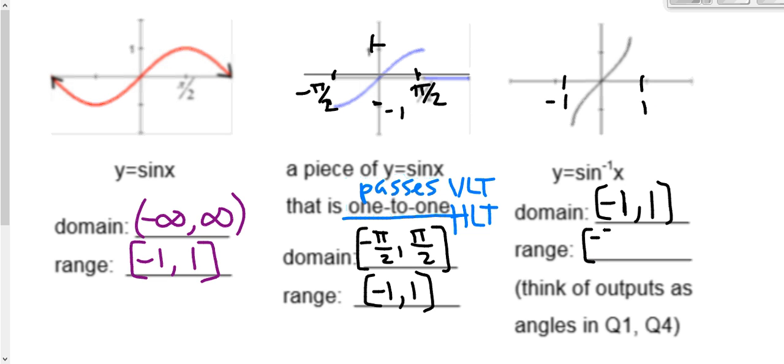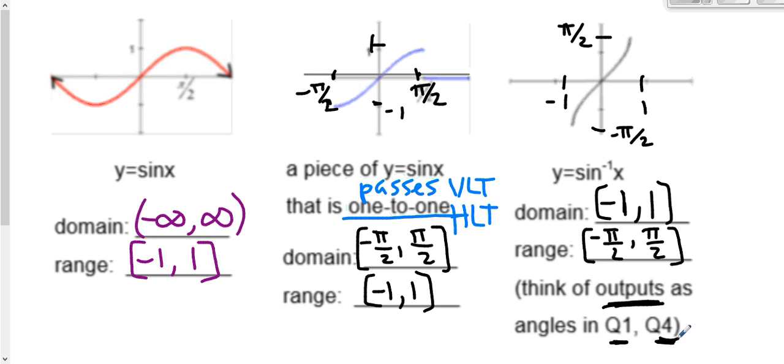So that would be -pi/2 to pi/2. That means the outputs will be numbers that fall between -90 degrees and +90 degrees. Those would be angles that fall in quadrants 1 and 4. So even though there might be infinitely many angles with a particular ratio, we're only going to answer the ones that fall in 1 and 4, between -90 degrees and 90 degrees.